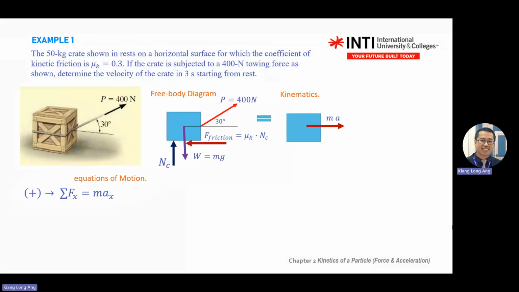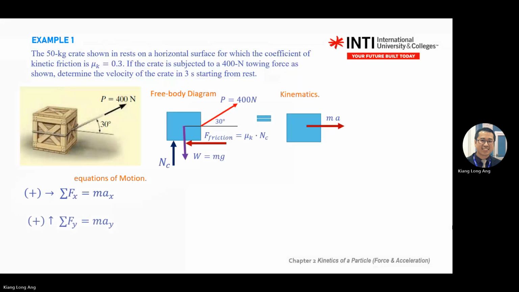The pulling force goes up, so 400 sin 30 equals m a y. What is your a y? It is 0. There's no a y component, since it's 90 degrees.